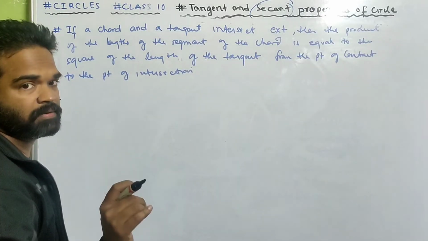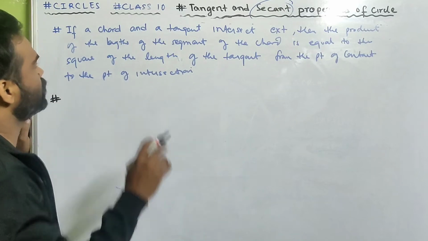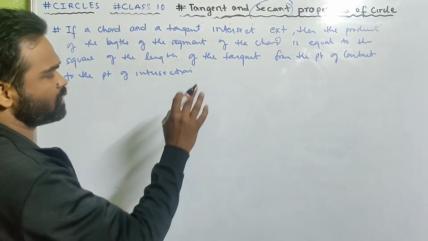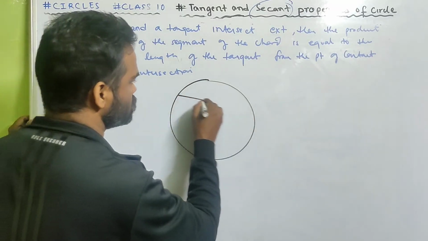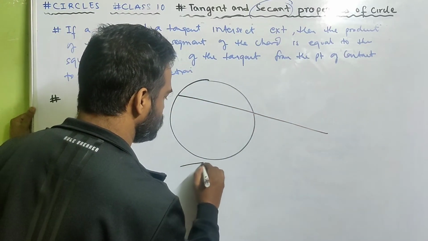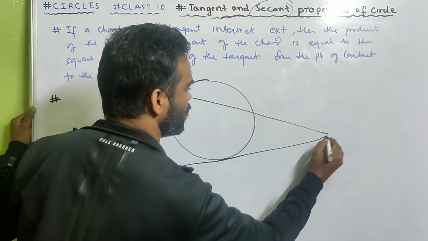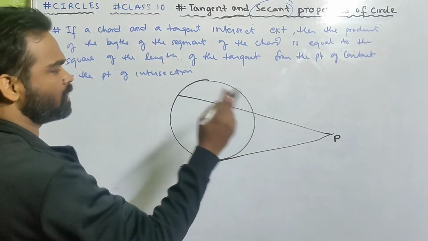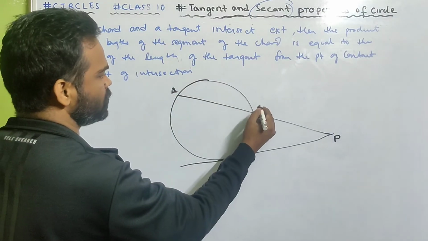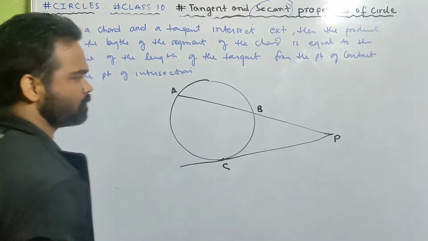A very interesting theorem. If a chord and a tangent intersect externally, so suppose this is your chord and this is your tangent, and they intersect externally. This is A, this is B, this point is C, suppose.